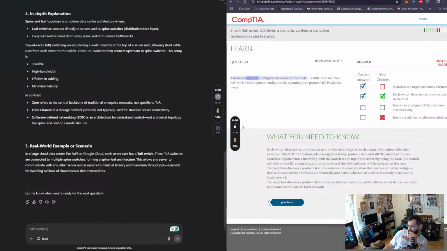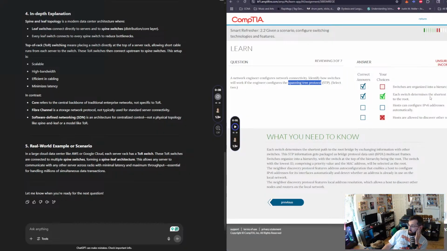A network engineer configures network connectivity. Identify how switches will work if the engineer configures the spanning tree protocol, STP. Select two. See, again, if I would have just remembered what spanning tree protocol is, or has a hierarchy of switches, then I would have got this. Switches are organized in a hierarchy, done.